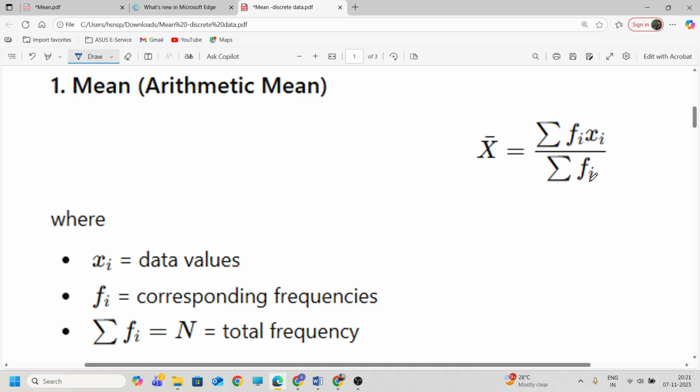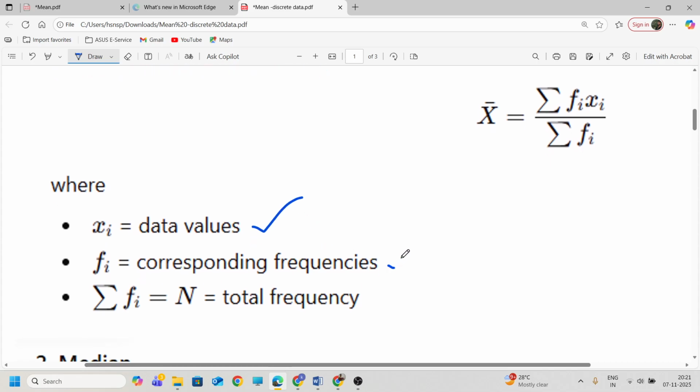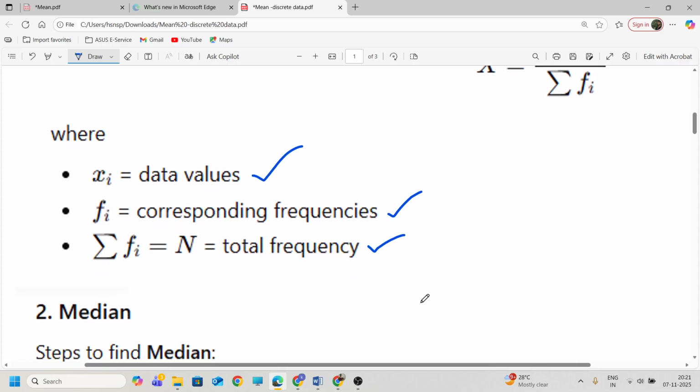The total number of data here we find using the summation of frequency. So sigma fx divided by sigma f. Here x is the data values and f is the corresponding frequency, and the summation of the frequency is the total frequency, the total number of data.